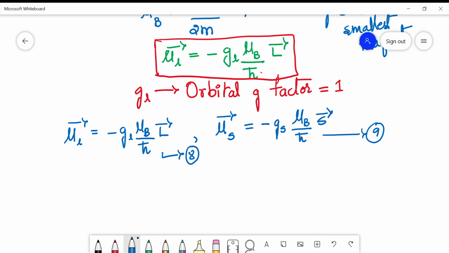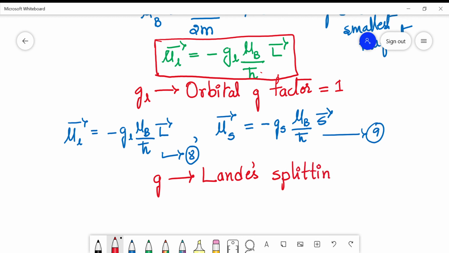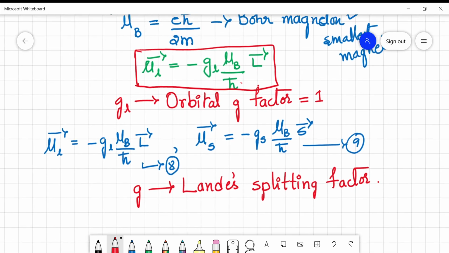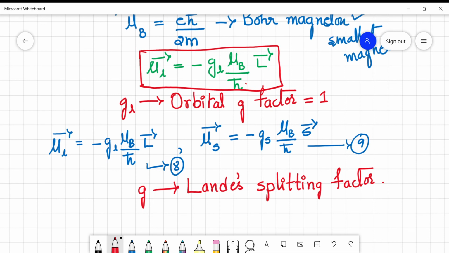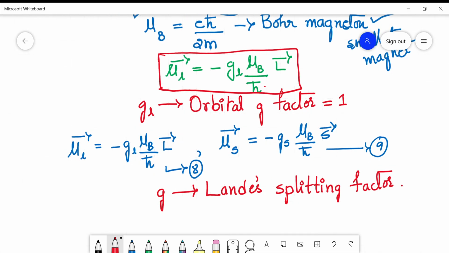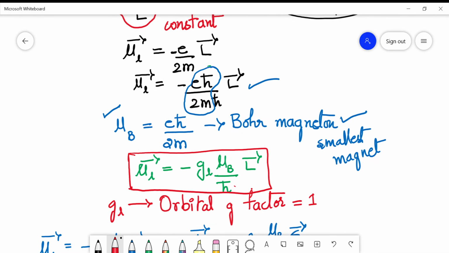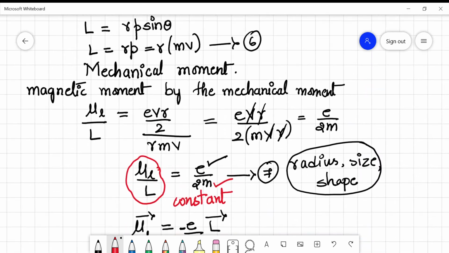Generally G is called the Lande splitting factor. So this is the derivation for the magnetic moment due to orbital and spin motion of the electrons.